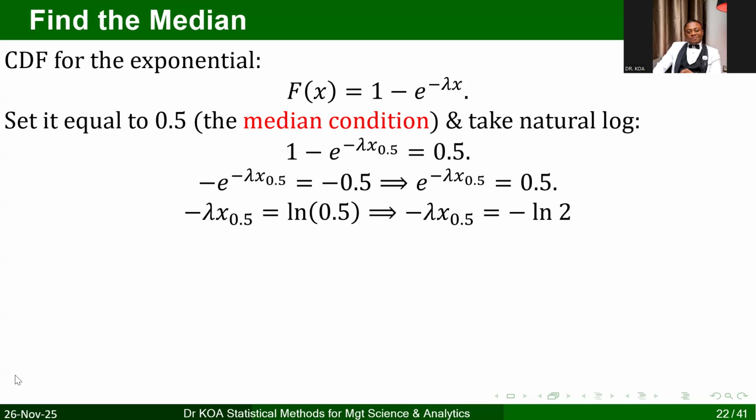It is supposed to be a function of... Is it the lambda? No, we are making x subscript 0.5 because we are creating a function, a condition for the median. Okay, we are creating a condition for the median.